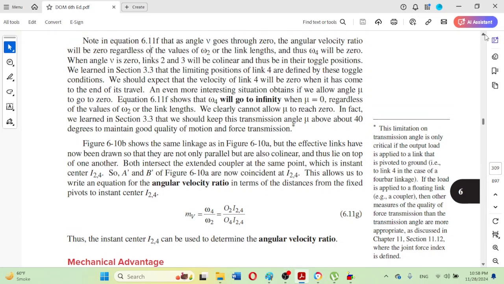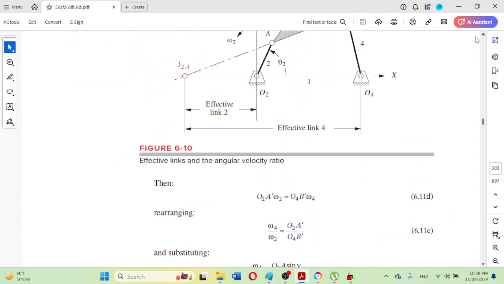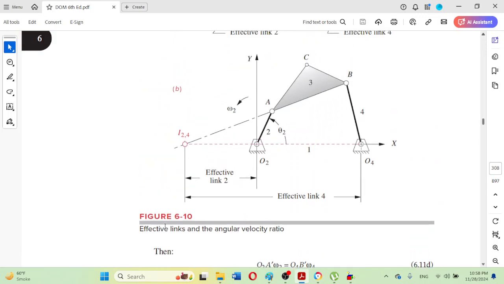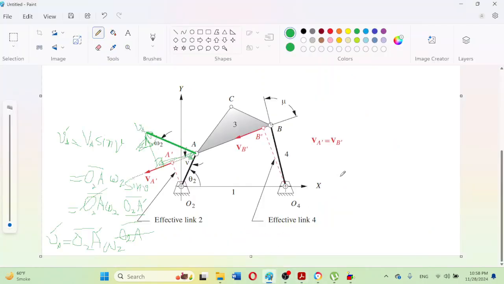So here in figure 6.11b, as we can observe, these effective links O2 A dash and O4 B dash are now collinear, and using Kennedy's theorem, we observe that this is the instant center I2,4.